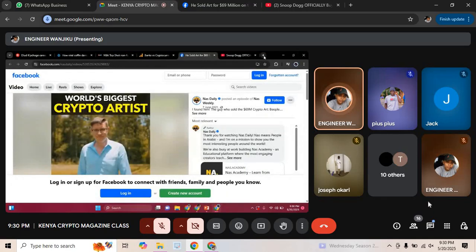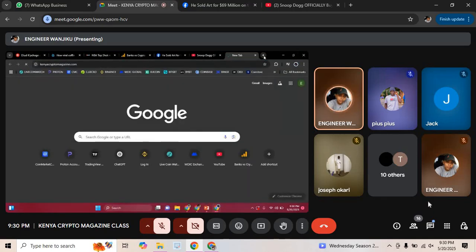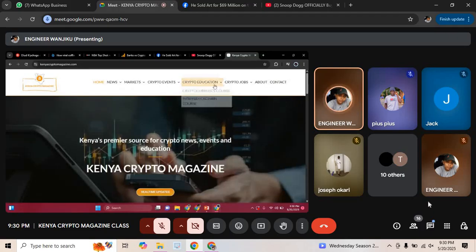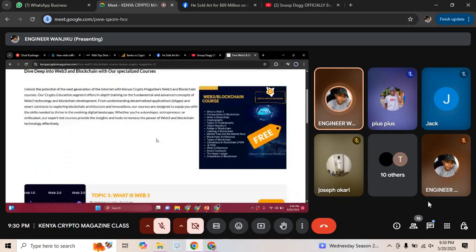So if you want to understand more about how cryptography works, remember I said you can come to Kenya Crypto Magazine right here. If you want to learn in depth how that works, under this part, crypto education, you have the cryptocurrency course and the Web3. So just come to Web3 and you'll see all the detailed information about Web3.